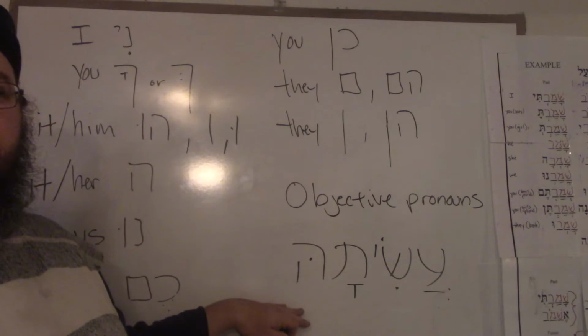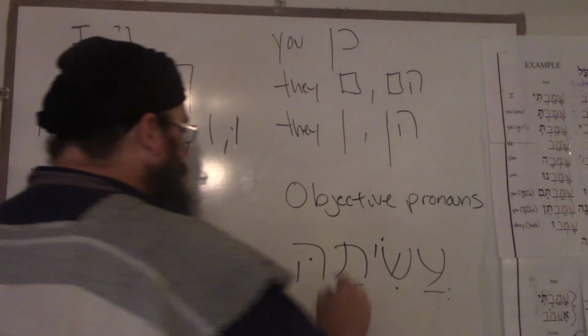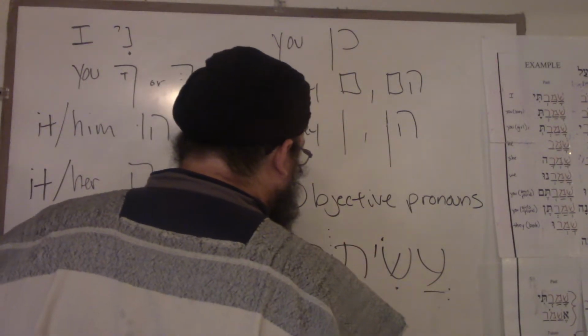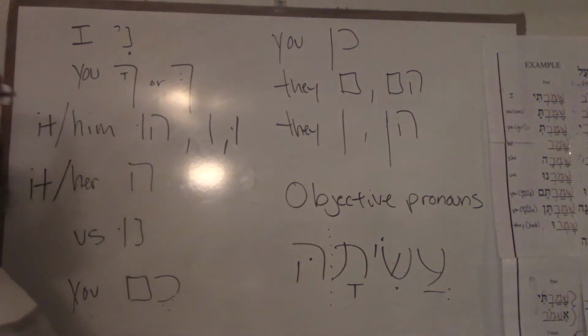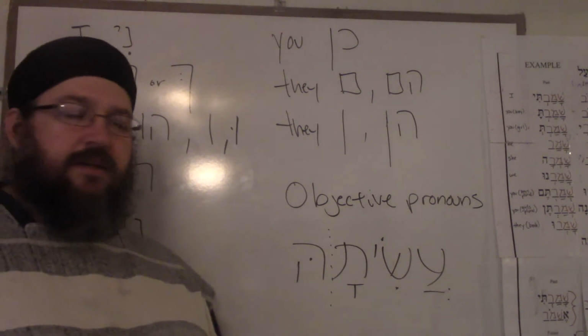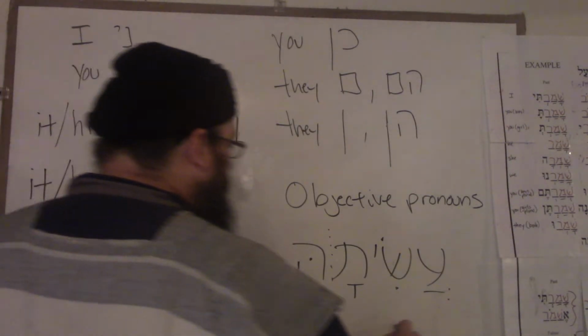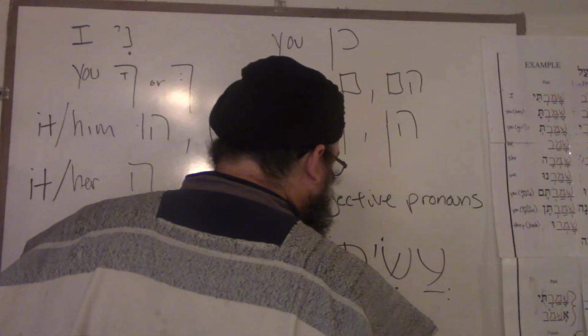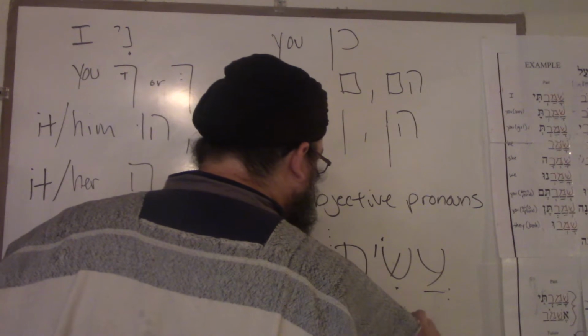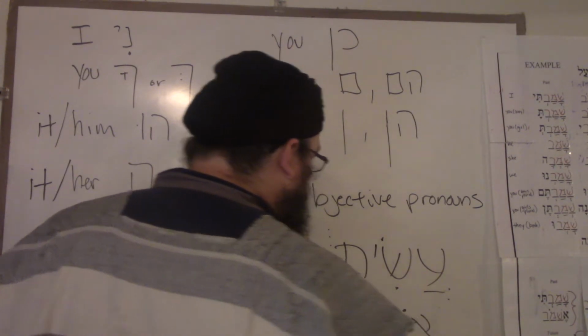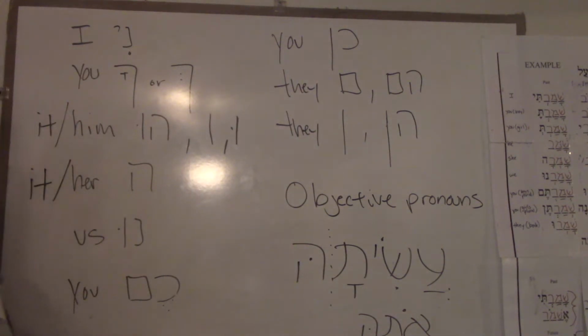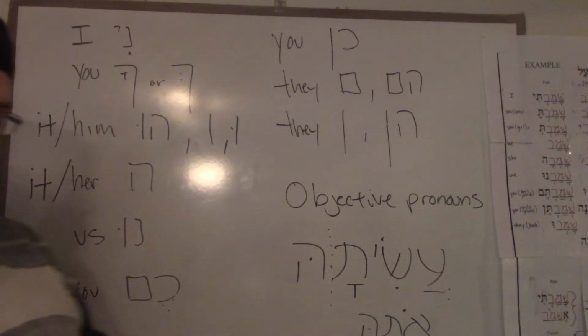All right? What is asita? Well, here, this part, you should say, well, that makes sense. Asita means you did. You know that. It should make actual sense here. So, what is this? We have to say here, this obviously has to be ota. Ota means it, the feminine form. This is what we find here, okay?